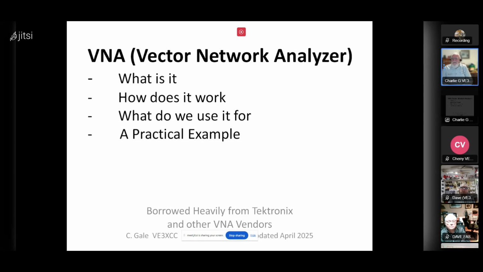Worth mentioning in this presentation is that a lot of the information in here I stole from Tektronix and a few other VNA vendors. I want to give them a little bit of credit, at least, that I didn't do all of these charts originally on my own here.